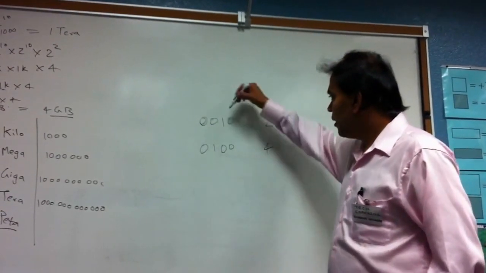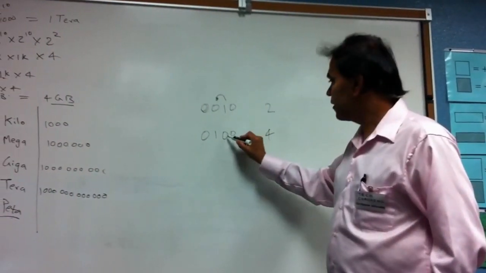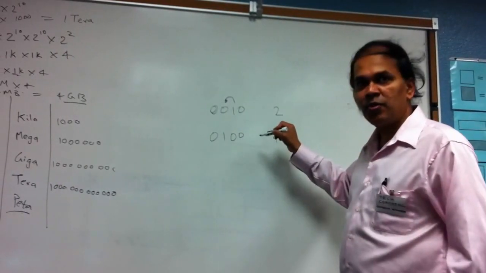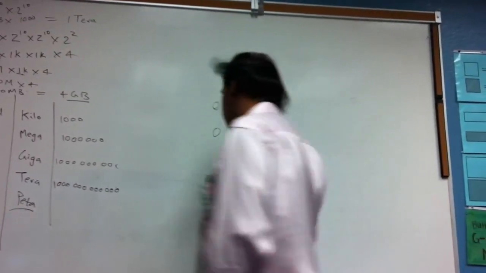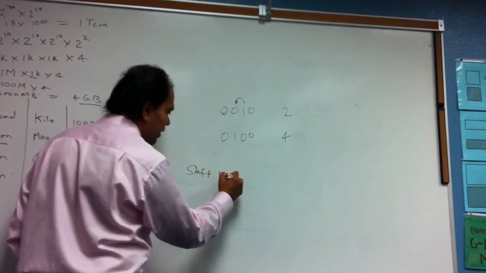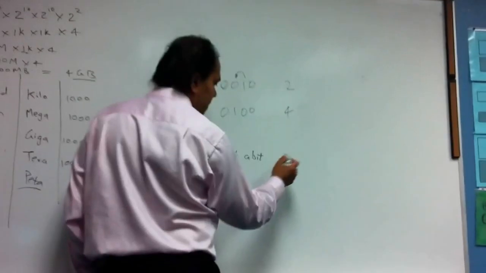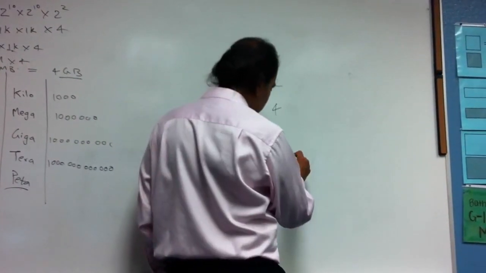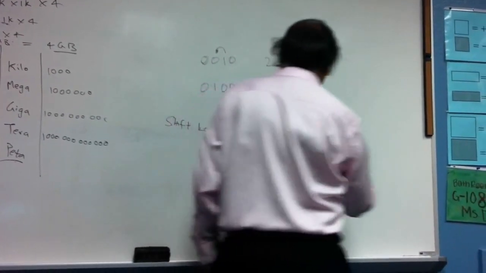And so all I did is I shift left this 1 bit from here to here. I brought this 1 from here to here. And I actually multiplied the number by 2. So if you think of a shift left as an operation, it is equivalent to multiplying by 2, right?